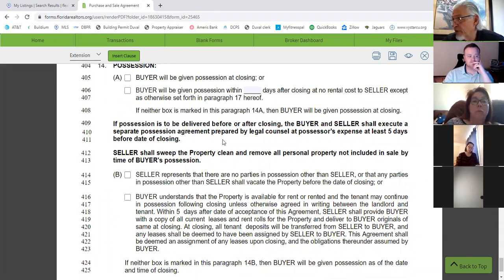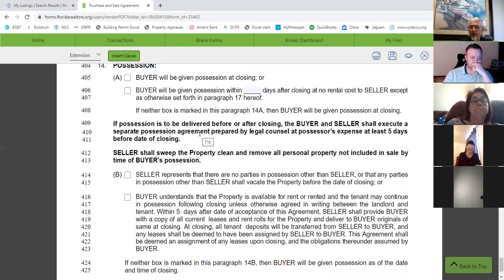That is a pre or post occupancy agreement, prepared by legal counsel at possessor's expense at least 5 days before closing. And I'm not sure the one that I have was prepared by counsel. It was prepared, that's all I know. Okay, I didn't do it.